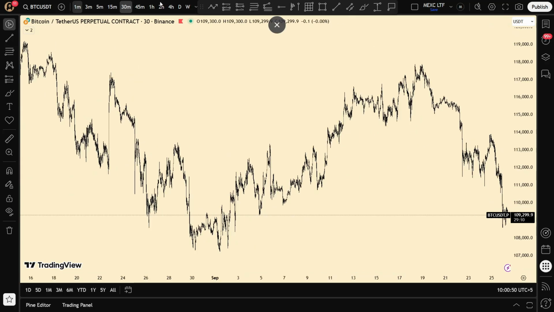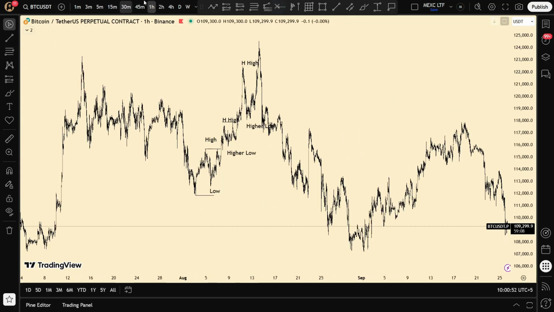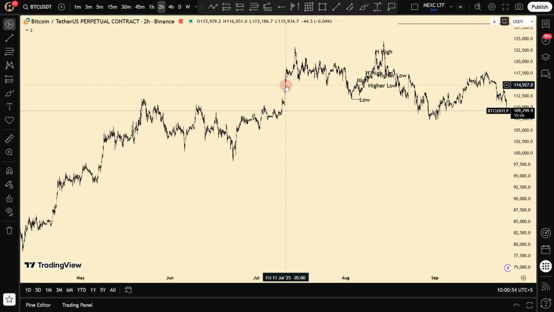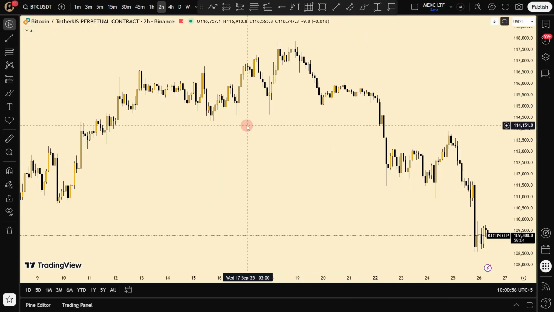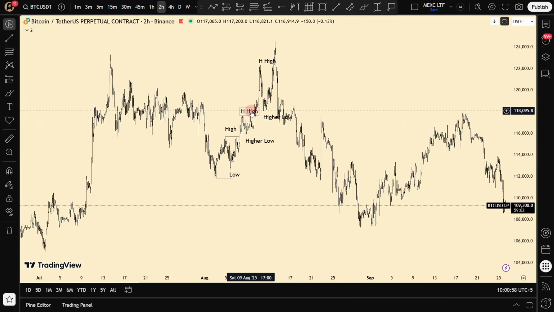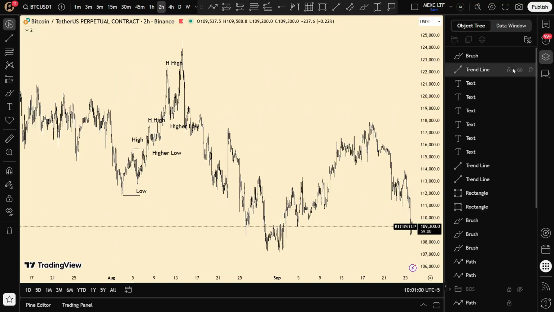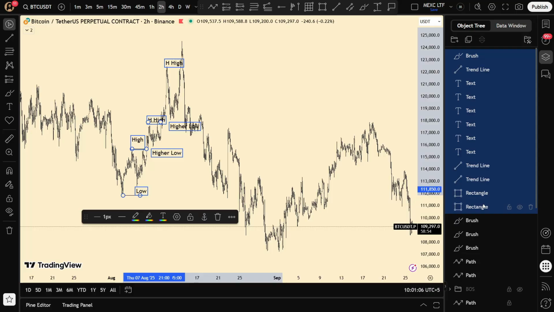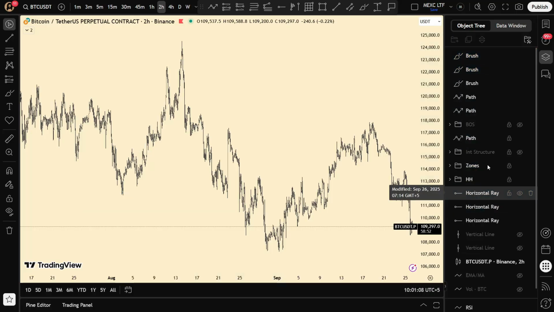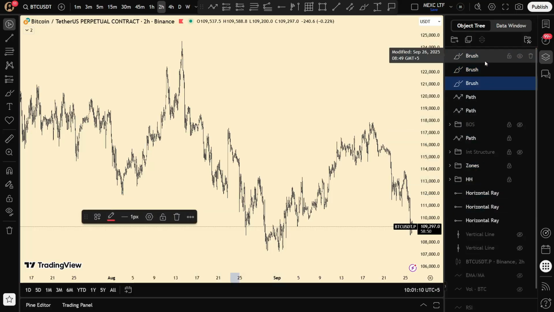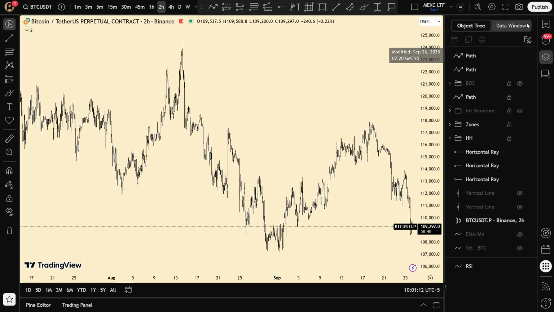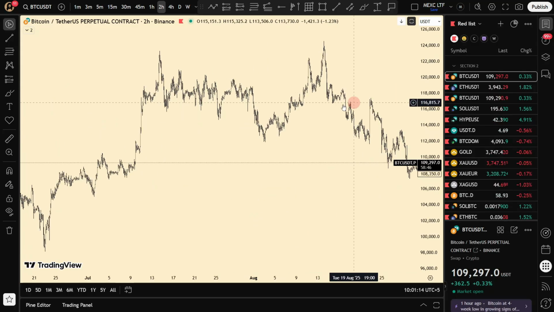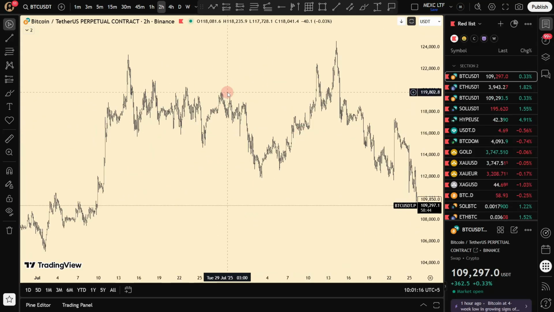Okay. Let's look at the 1 hour, or actually, yeah, 2 hour chart. It's good enough, I think. So we have the Bitcoin chart. Let me get rid of all of these trend line rectangles. Boom. Let me get rid of the brush as well. Okay.